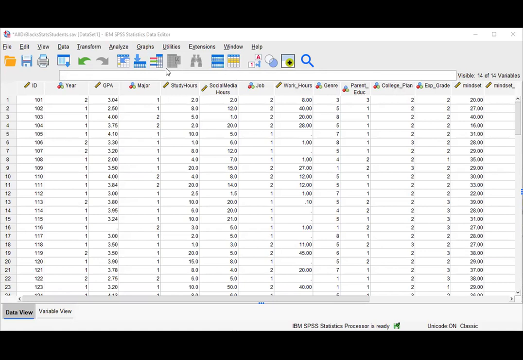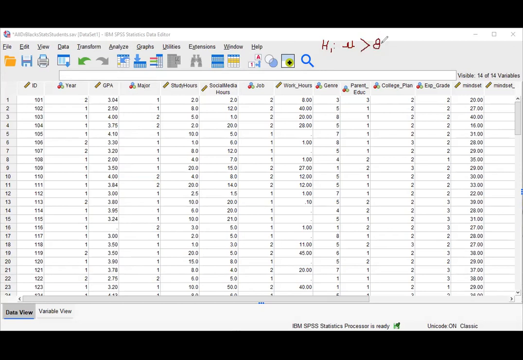So our hypothesis will be that BC students study more than 8 hours a week. That's our research hypothesis. If we were to write this out in statistical notation, our research hypothesis corresponds to our alternative hypothesis, which is that the mean study hours for BC students is greater than 8 hours a week.